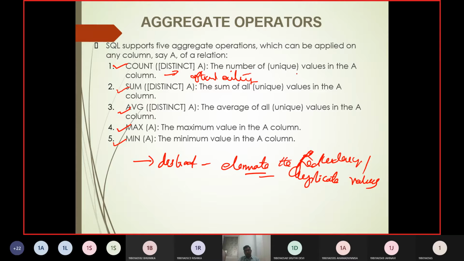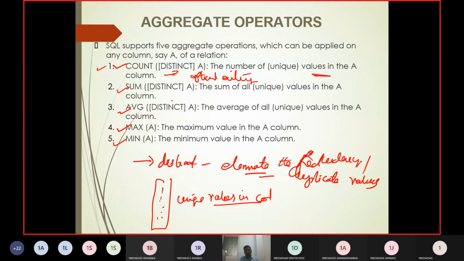The number of unique values in a column. So in a specified column, how many unique values do we have, that is what we put in count.